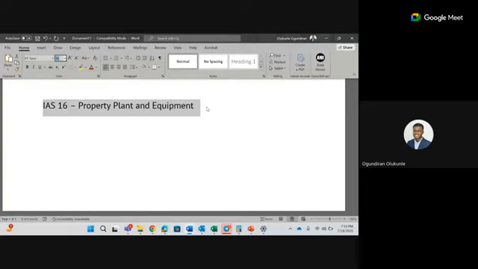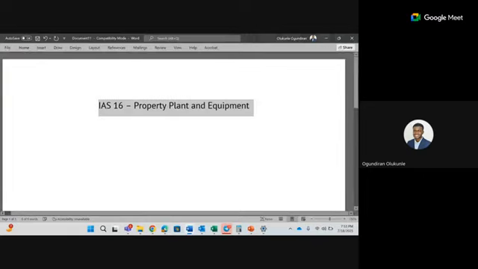Plant and equipment. Let's start. So let's talk about property, plant, and equipment and what it is.